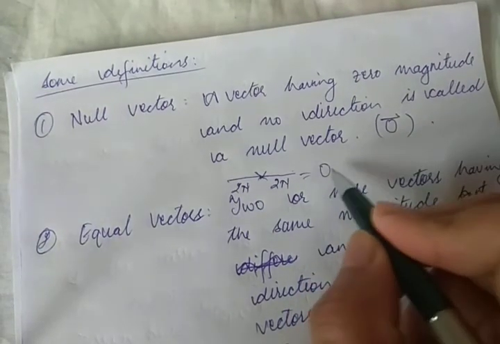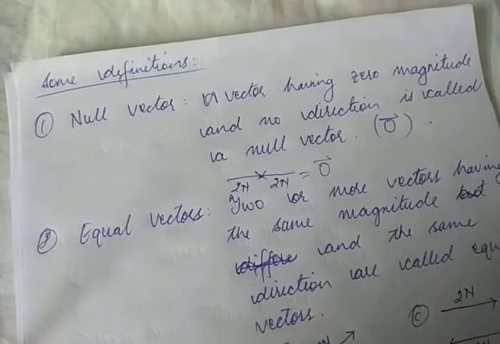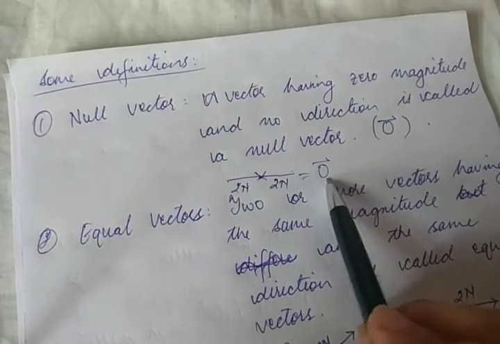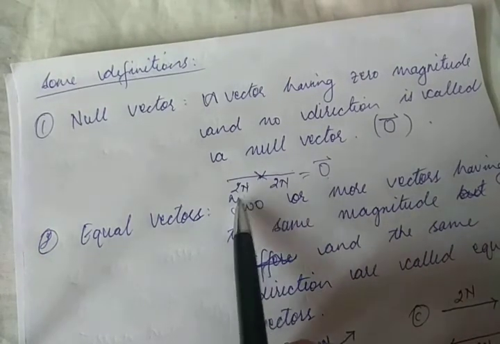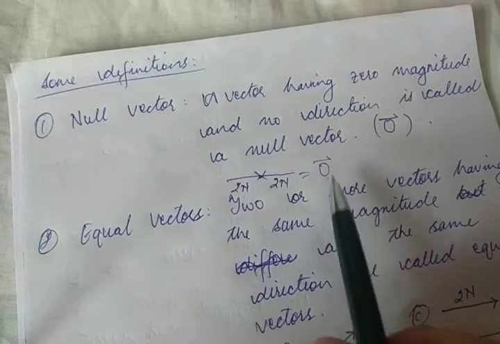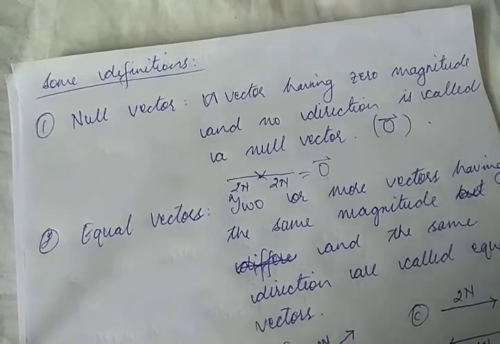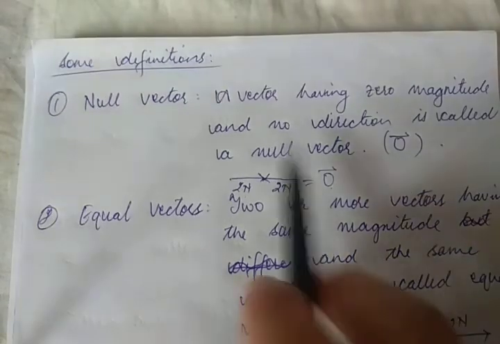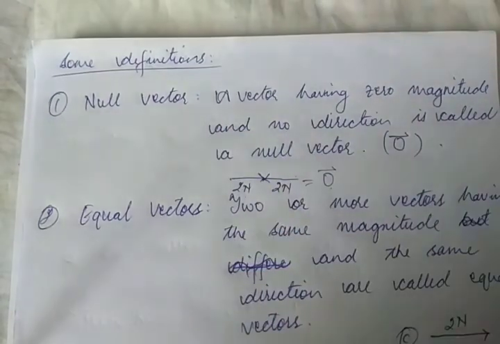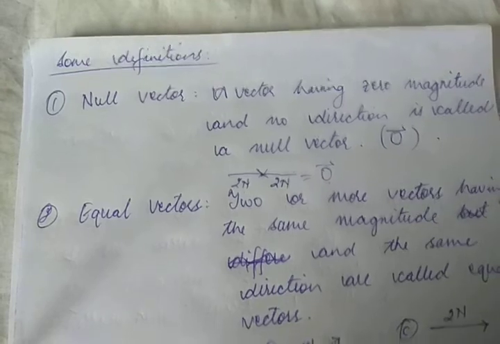In fact, this will be a 0 vector. So the result that we are getting when you add two equal and opposite vectors is 0. This particular vector is what is called a null vector, remember. So a vector having 0 magnitude and no direction is called a null vector.